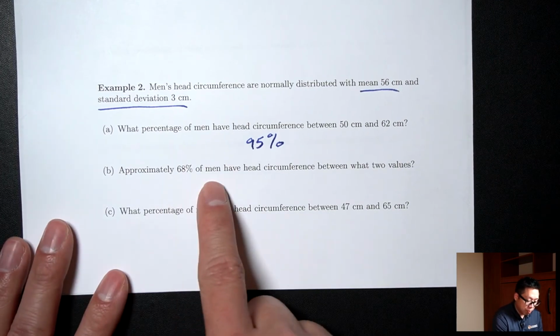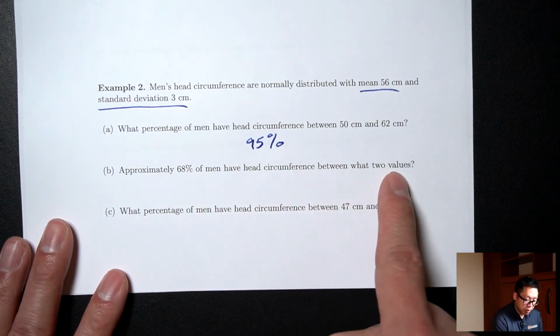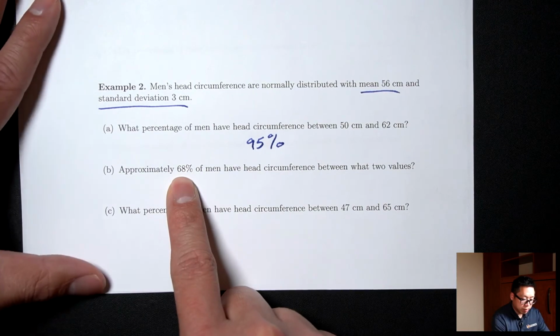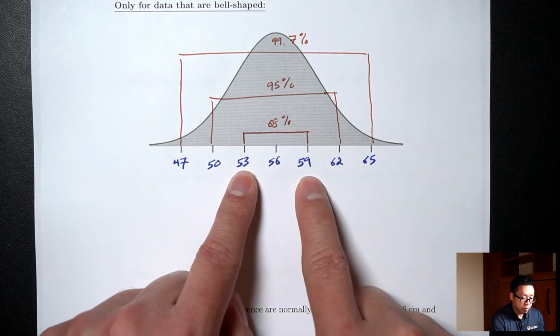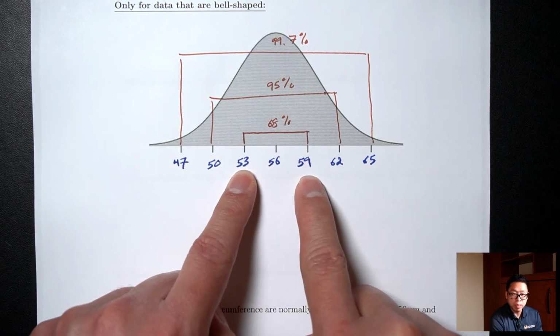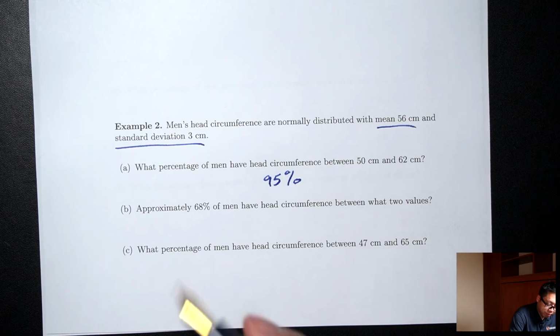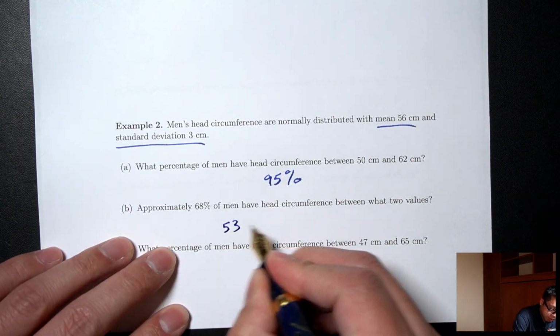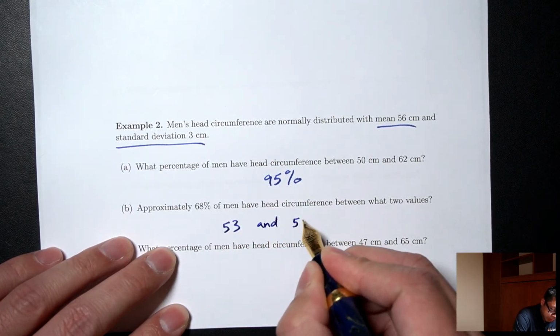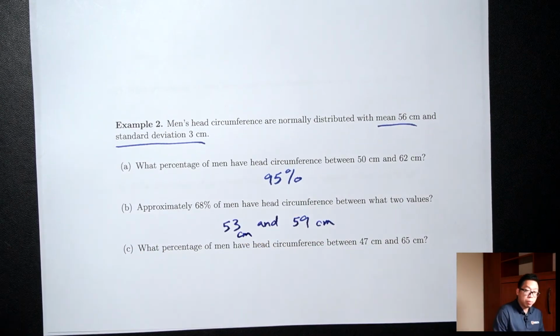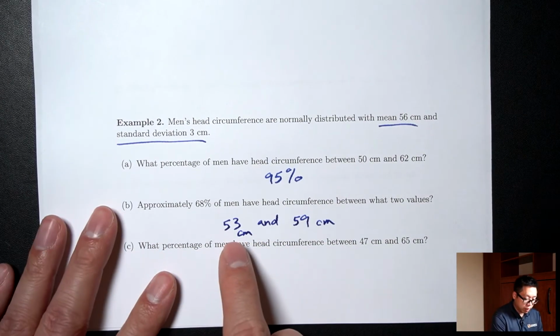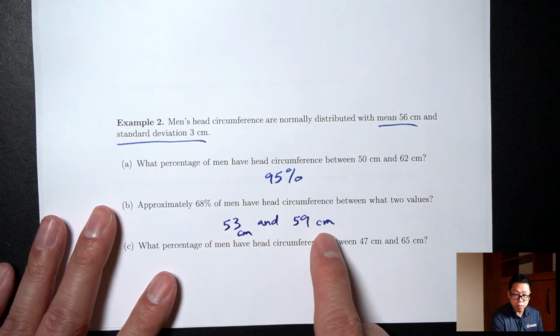Approximately 68% of men have head circumference between what 2 values? 68% is between what 2 values? 53 and 59 centimeters. So 68% of men have head sizes that are between 53 centimeters and 59 centimeters.